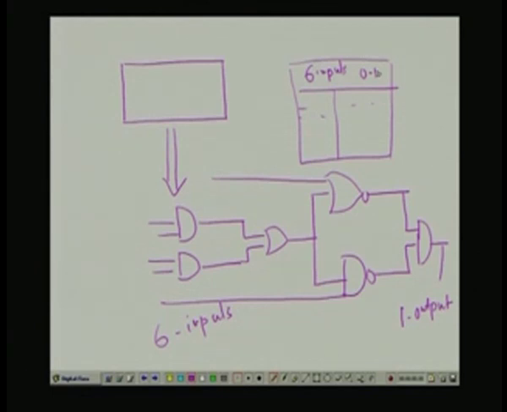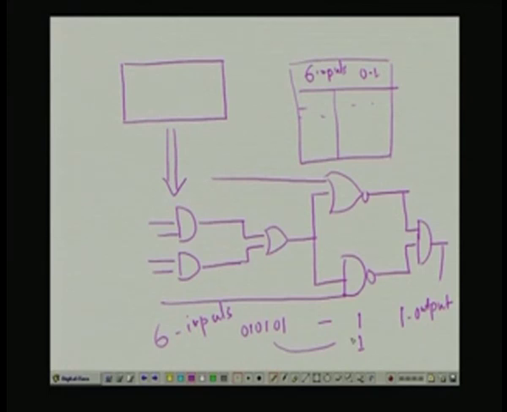If I change some of these, still the behavior is the same. That means for the same input I am getting the same output. Say if my input is 0 1 0 1 0 1 and I am getting 1 as the output, even if I change some of the gates, still I am getting a 1.